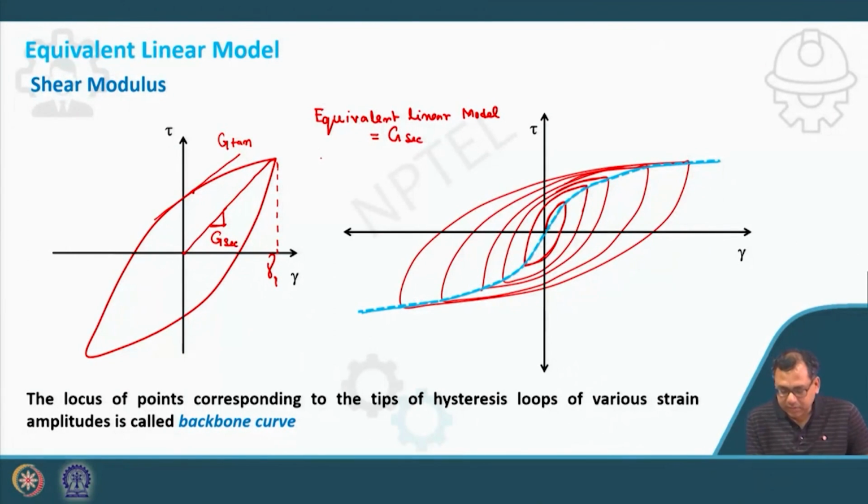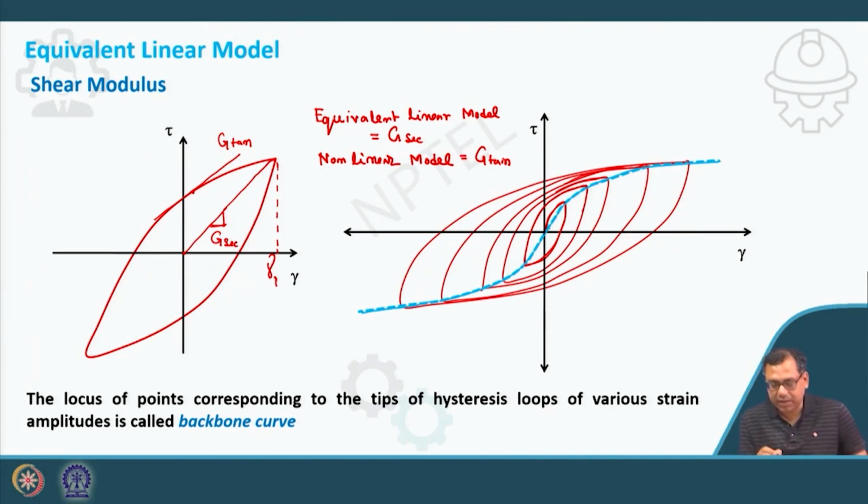And obviously for the nonlinear model or nonlinear analysis, we use G tan, because this is the shear modulus which is changing over the loop. But in the equivalent linear model, we are doing it in the simplified form, so the average shear modulus is taken.